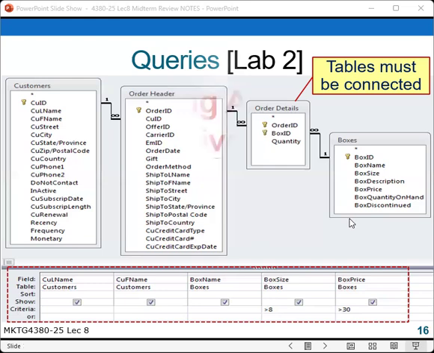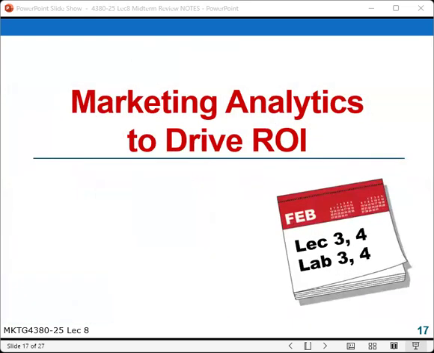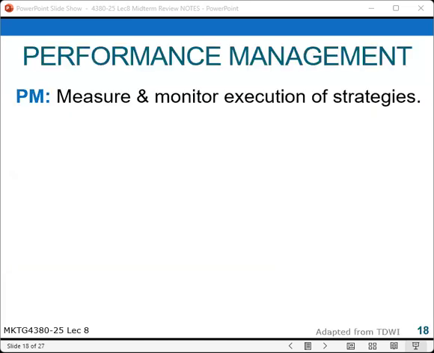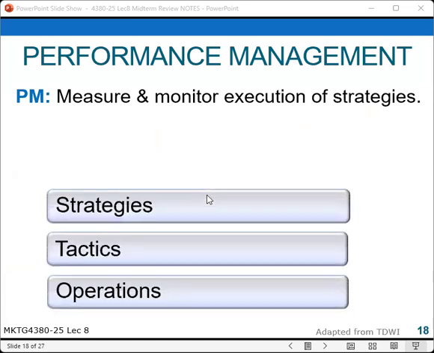Okay. That brings us on to marketing analytics for ROI. Remember, labs 3 and 4 now we're on. So here we were looking at our performance management, and it's all about measuring and monitoring the execution of strategies. So let's open this up.